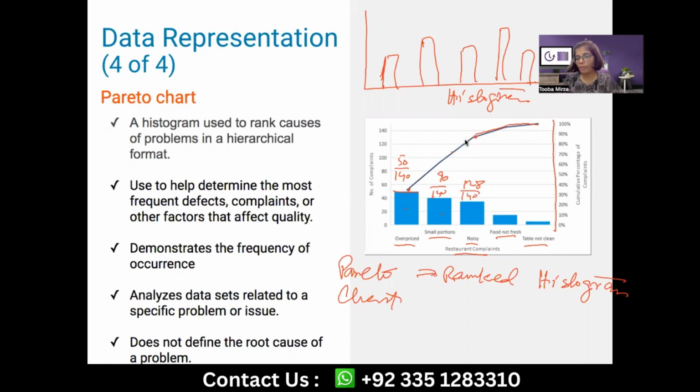Till the point you are getting a rise in the graph, or till you are not getting a bend in the graph, you get to know that these are the most important areas. If you work on these three problems or complaint areas, then 128 out of 140 complaints, which is more than 85% of the problem set, is going to be resolved.